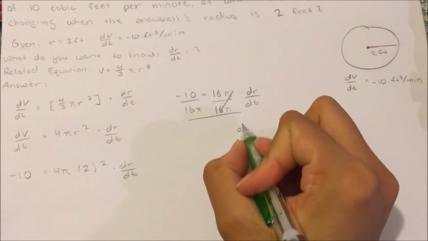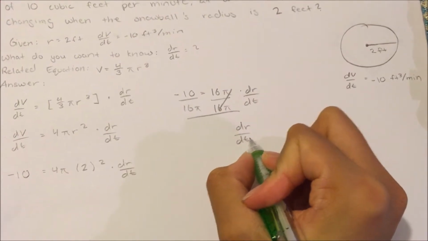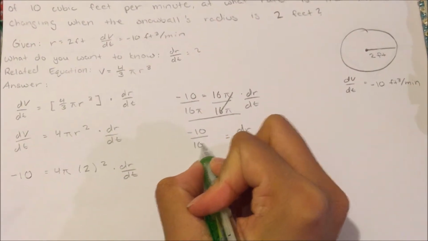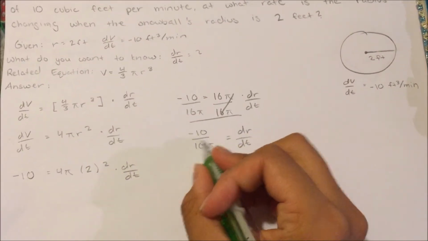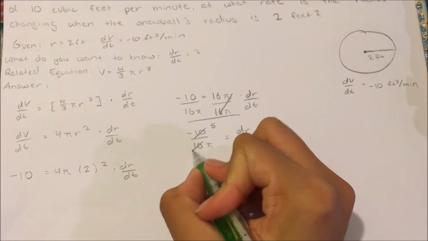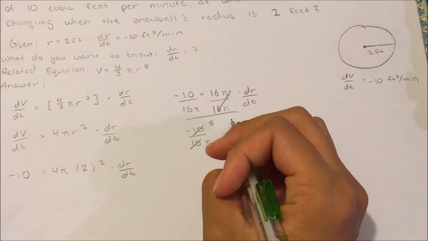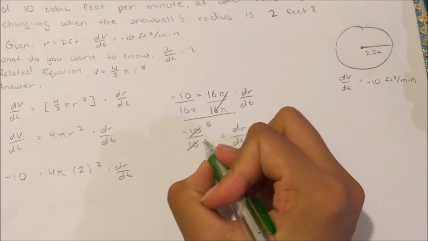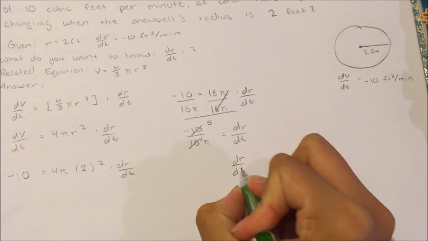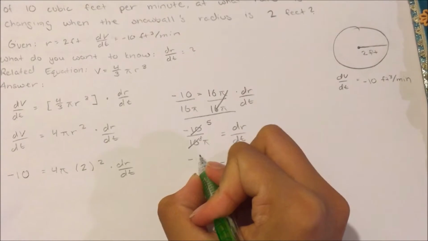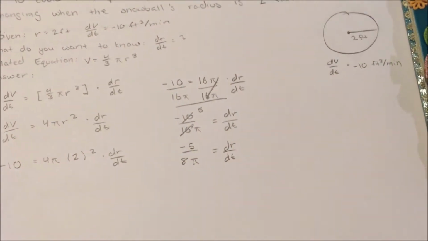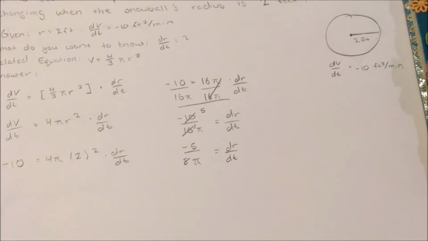That cancels out, so our dr/dt would be negative 10 over 16 pi, which then just simplifies to 5 and 8. So our dr/dt would be negative 5 over 8 pi feet per minute.